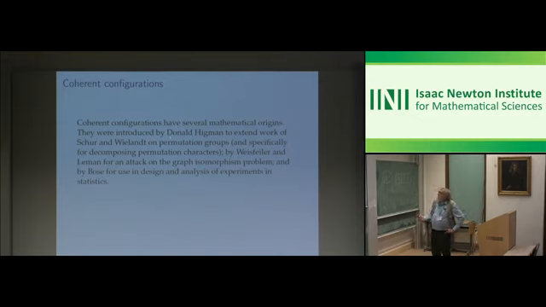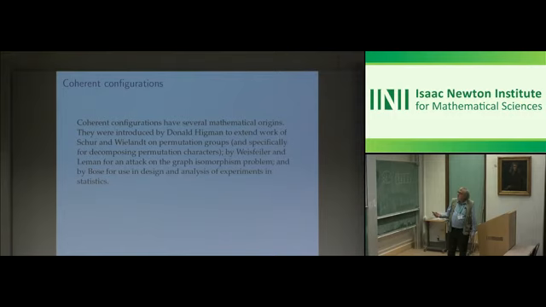He was extending work of Schur and Wieland on permutation groups, but specifically I think what he was trying to do was decomposing permutation characters. If the group is doubly transitive, then in characteristic 0, the permutation character is the trivial character plus an irreducible. If it's not doubly transitive, that other bit is not irreducible anymore, so you would like to decompose it. And coherent configurations were a tool for doing such decompositions.